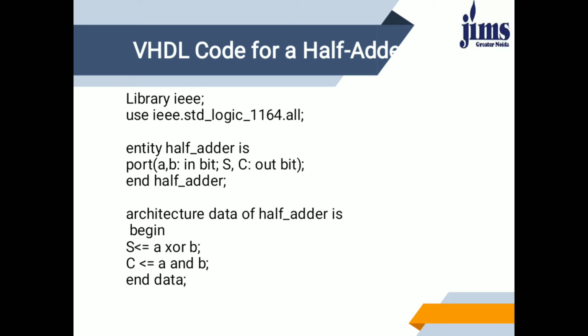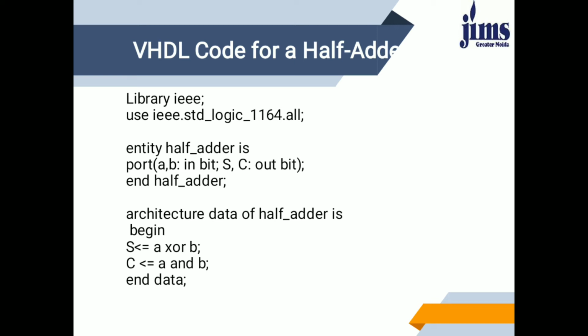After entity, we will declare the architecture. Architecture data of half_adder is. Here the data flow model can be replaced with structural modeling or behavioral modeling. I am taking the simplest one.